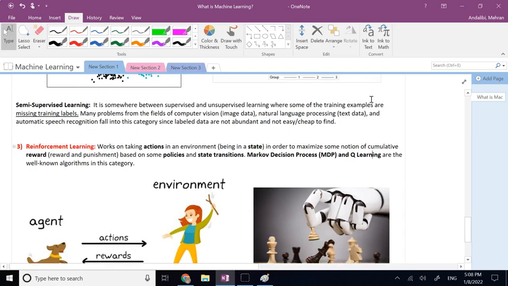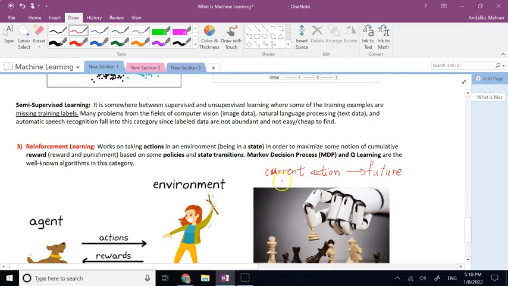But if I want to give you an idea of what Markov decision means, it means your future is only determined by your current actions. If you have taken an action in the past, that is not going to affect your future.